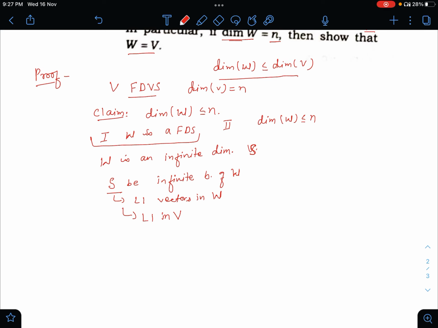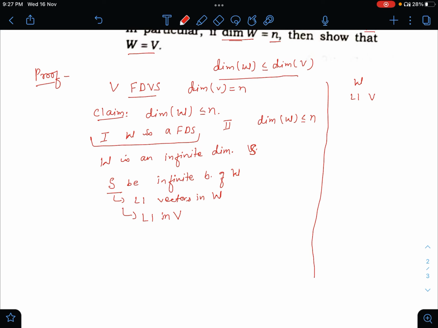That we can separately prove: if a set of vectors is linearly independent in subspace W, then it will be linearly independent in vector space V also.